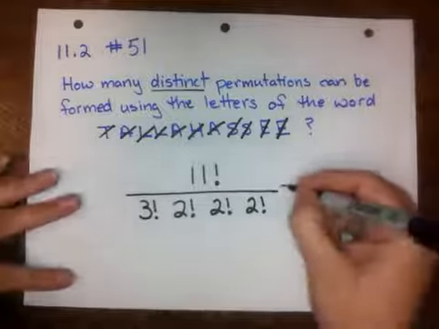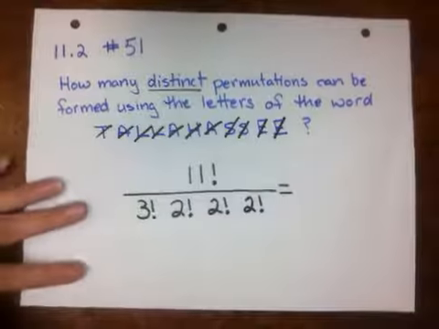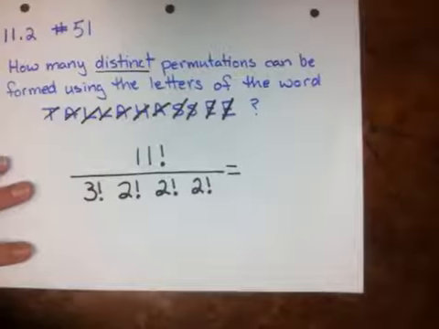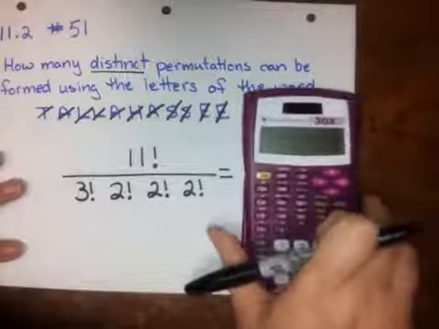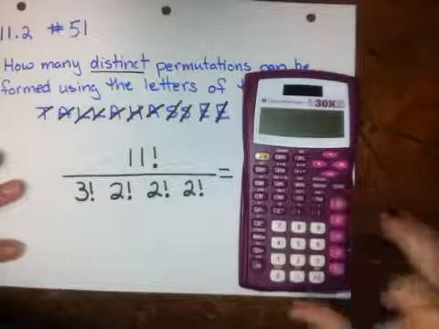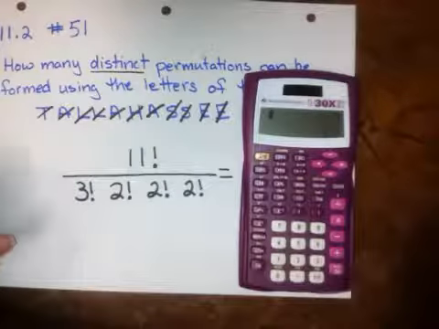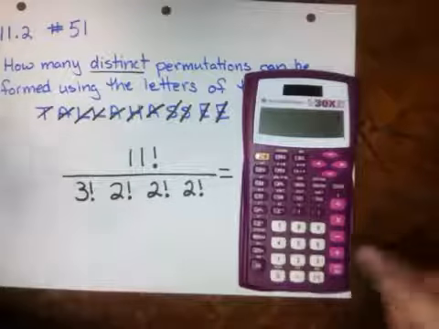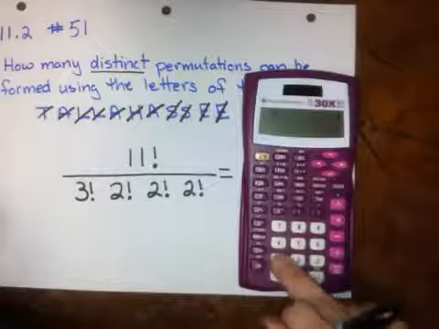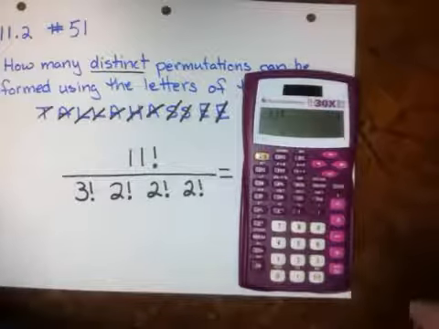And now we can figure this out. Let's plug this into our calculator, and since we've got so much going on downstairs, how about we plug in what's in the denominator separately? So the first thing I'm going to do is 11 factorial.